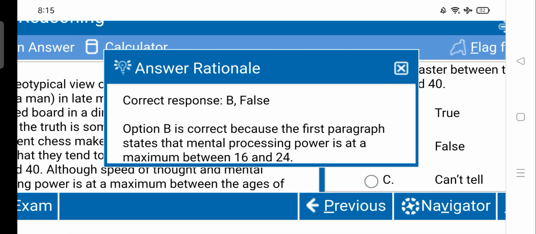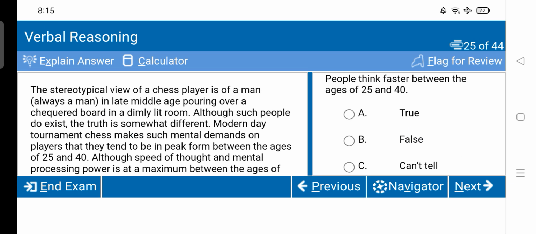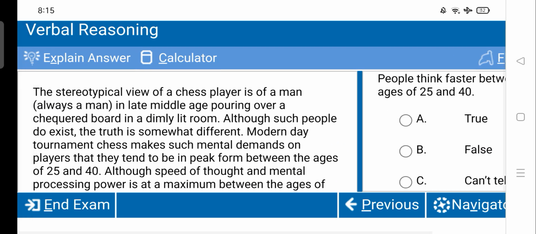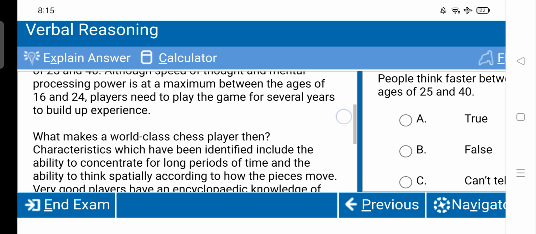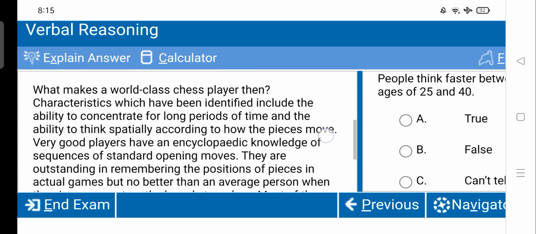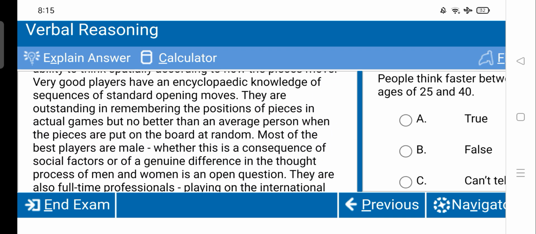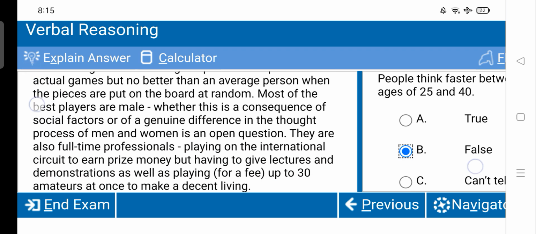So option B is correct because the final paragraph states that mental processing power is at a maximum between 16 and 24. So here we have a different passage, and the right option is option B, which is false.